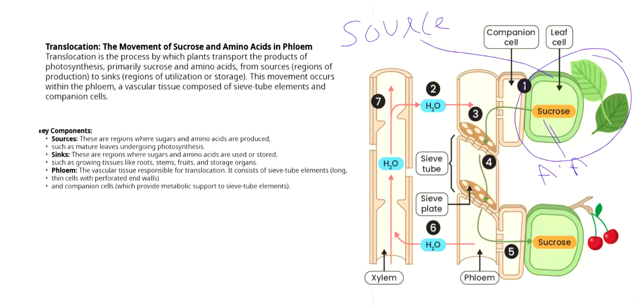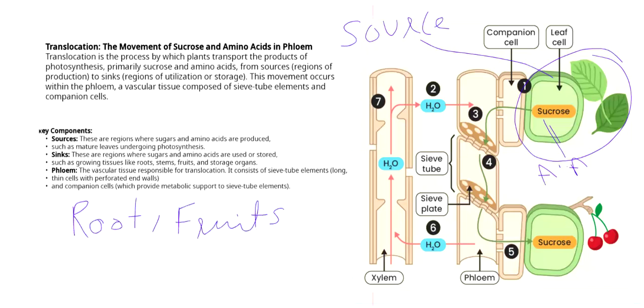And what about the sink areas? The regions, the areas of the plant where this food is stored or utilized. And what are the sink areas? Definitely, first of all, roots. Roots are sink areas. Fruits are sink areas.